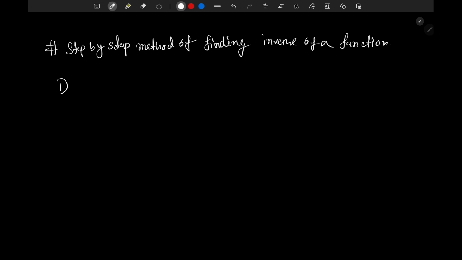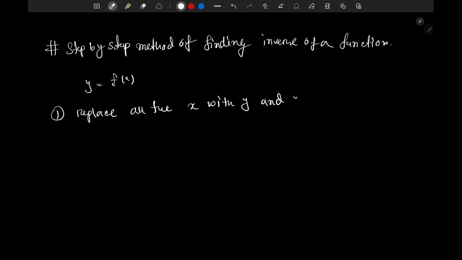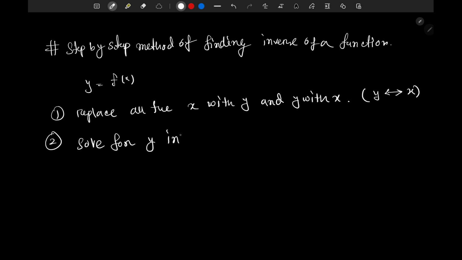So let's say you have a function y equals f of x. The first thing to do is to replace all the x with y and y with x, which really means you are just interchanging x and y. Then your next job is to solve for y in terms of x.